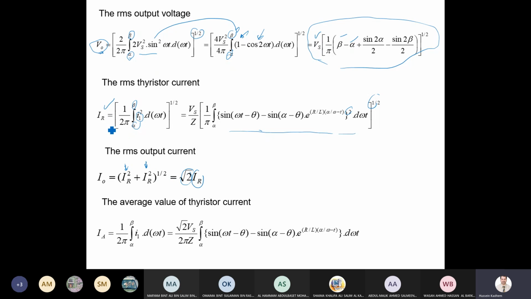I need to first find IR, and then I can find I output. What about the average thyristor current? The same formula, but without the square and square root. I think here we can easily integrate it because the integration of sine is minus cosine, and the integration of the constant is direct, so the exponential is only here.